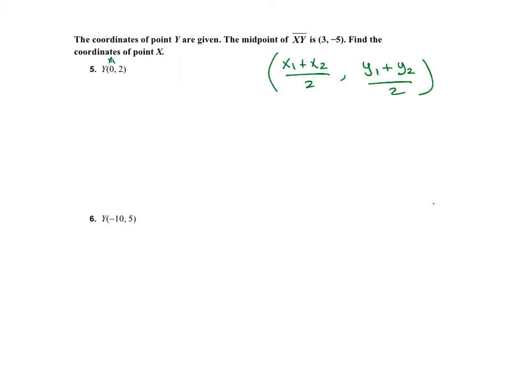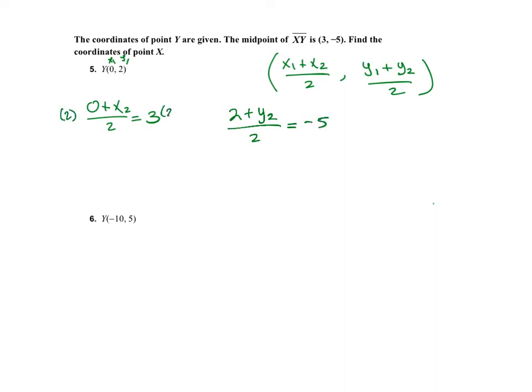Let's say this is x1, y1. So I have 0 plus x2 divided by 2 is equal to 3. Again, my midpoint is 3, negative 5. The average of those x coordinates equals 3, exactly the same with the y. So 2 plus y2 divided by 2 equals negative 5. And I'm just solving this equation.